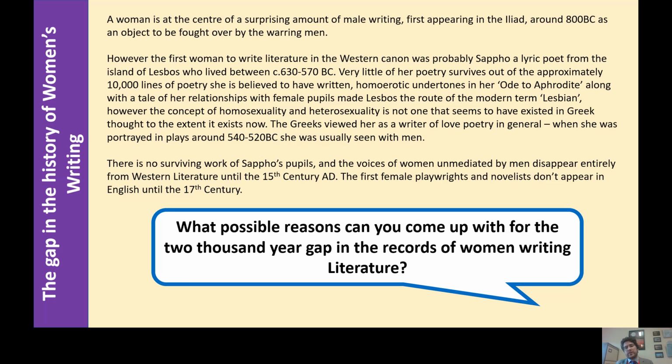And in this ode to Aphrodite, and the homoerotic undertones that have been read, plus a tale about her relationship with female students, and it's difficult to say whether they're students, whether they're acolytes, how you define that relationship with younger females who looked up to her, has led to the island that she came from, Lesbos, becoming the origin of the modern term lesbian, called by some very old-fashioned people sapphic love.